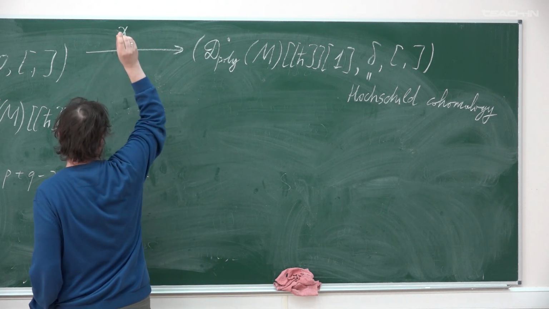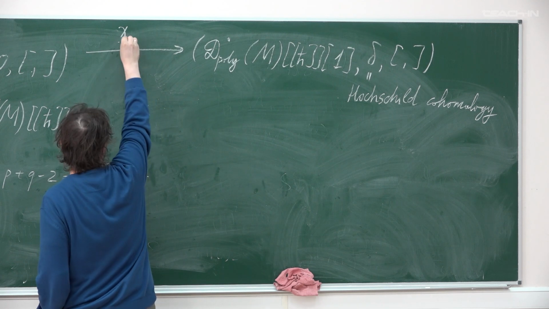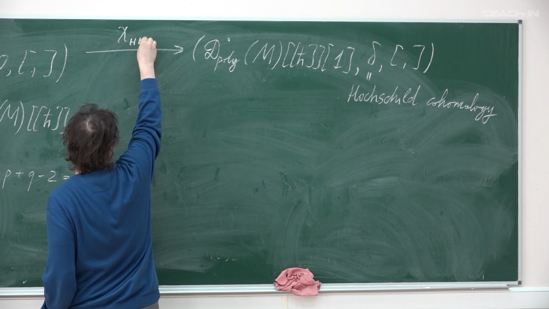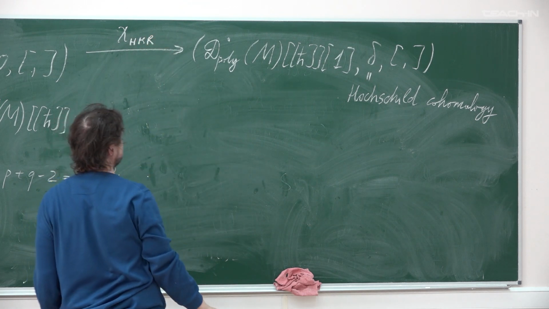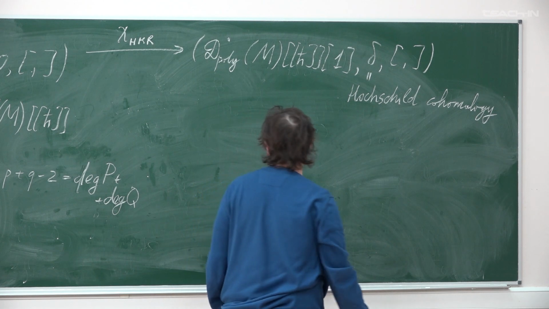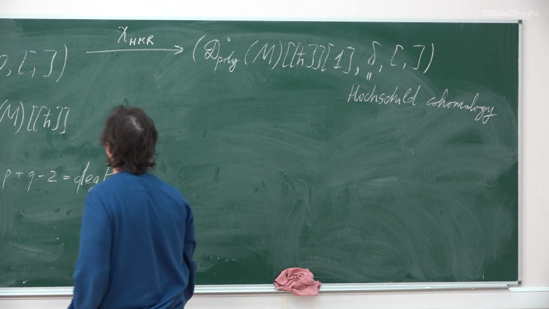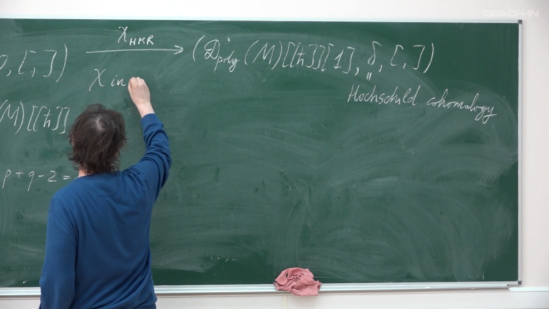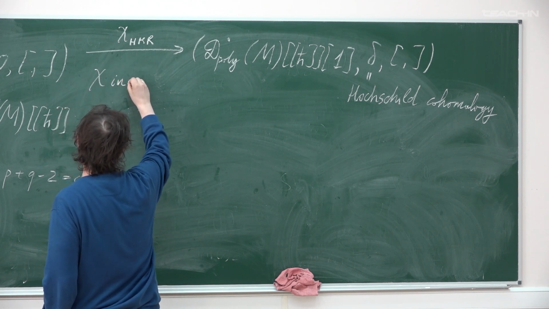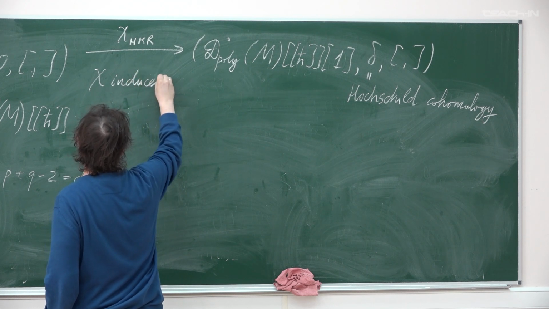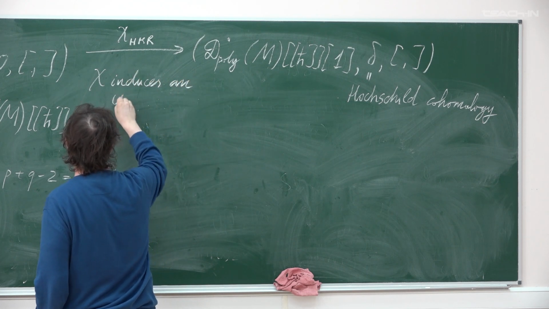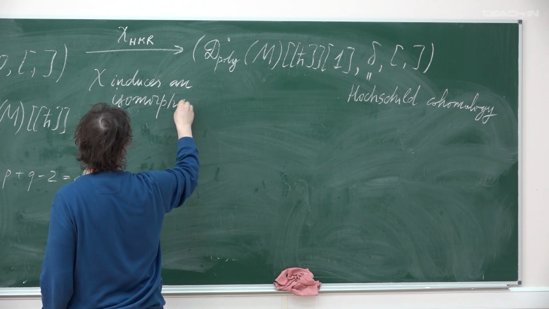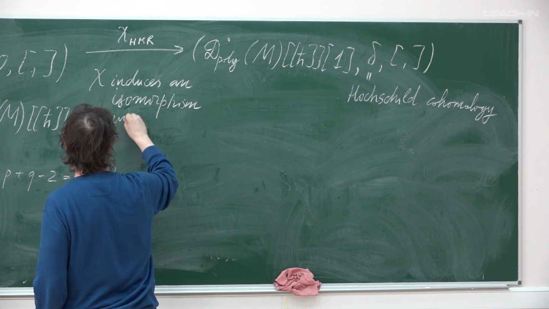Namely, there exists a map chi, sometimes marked with these three symbols, Hochschild-Kostant-Rosenberg, from left to right, which induces an isomorphism in cohomology.